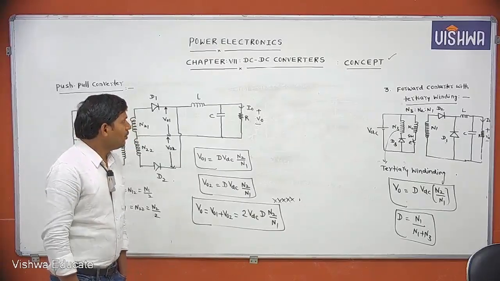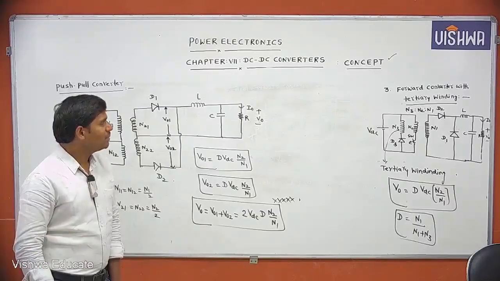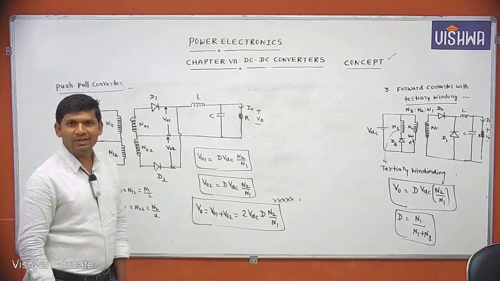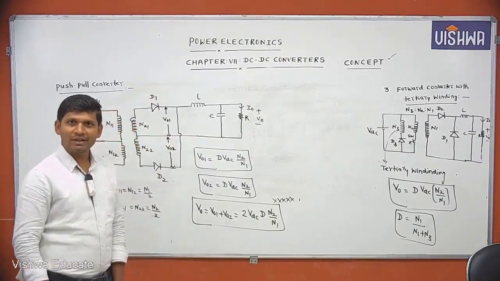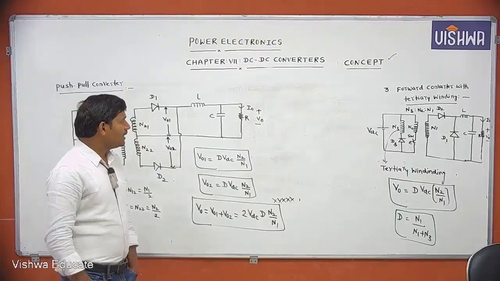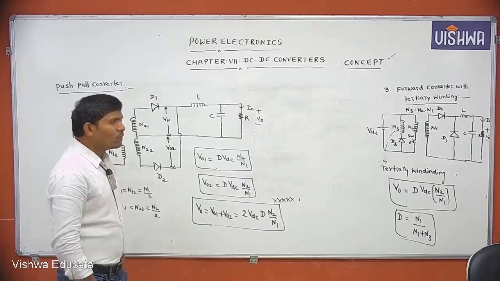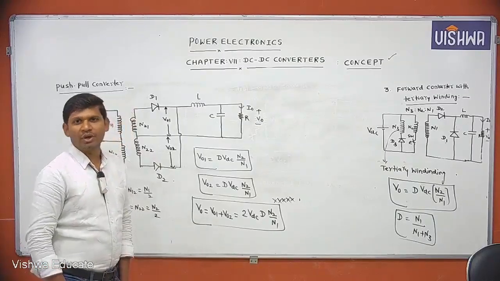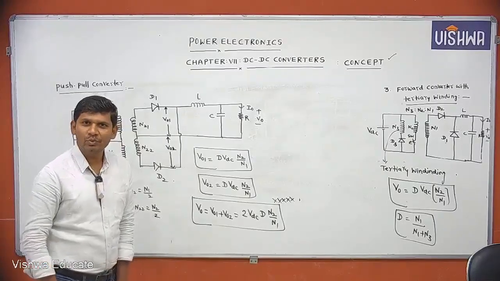Then I started the tank circuit, the concept of the LC circuit. I explained different conditions: without initial conditions in the capacitor and inductor, and with initial conditions, with the formulas in detail. Then I started types of choppers based on commutation. I discussed load commutation, class D commutation, that is the voltage commutated chopper, and class B commutation, the current commutated chopper.